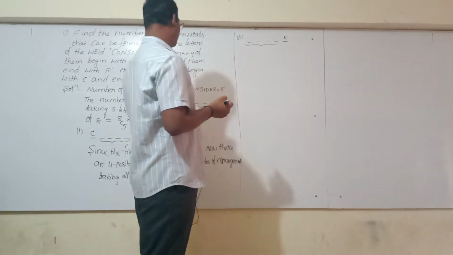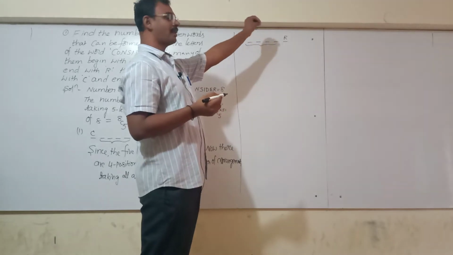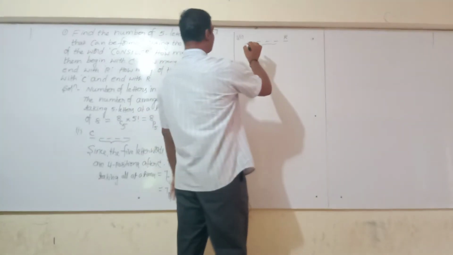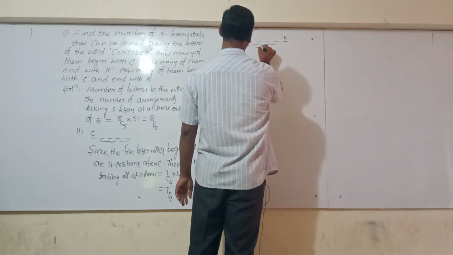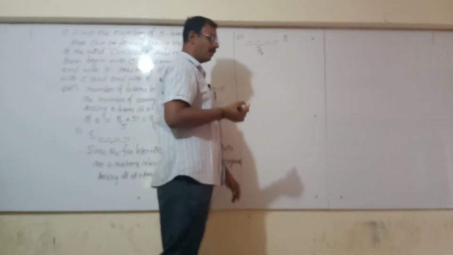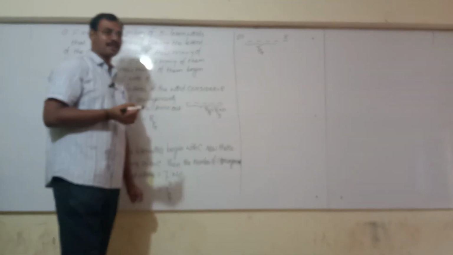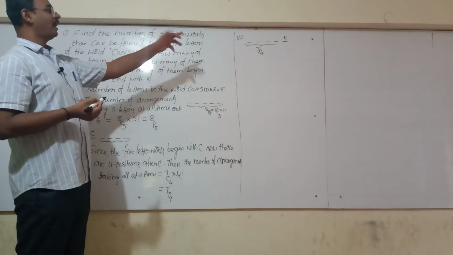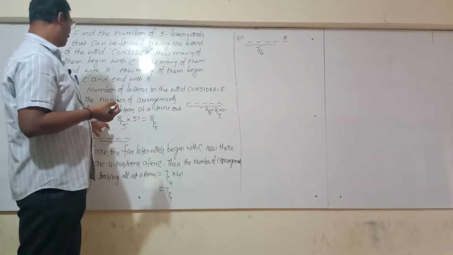How many letters remain? Out of 8, one letter is fixed in the units place, so the number of letters is 7. So how many ways could I fill these 4 positions? That is 7P4 here also. The answer is exactly similar. So begin with C, or end with R, the answer is the same.